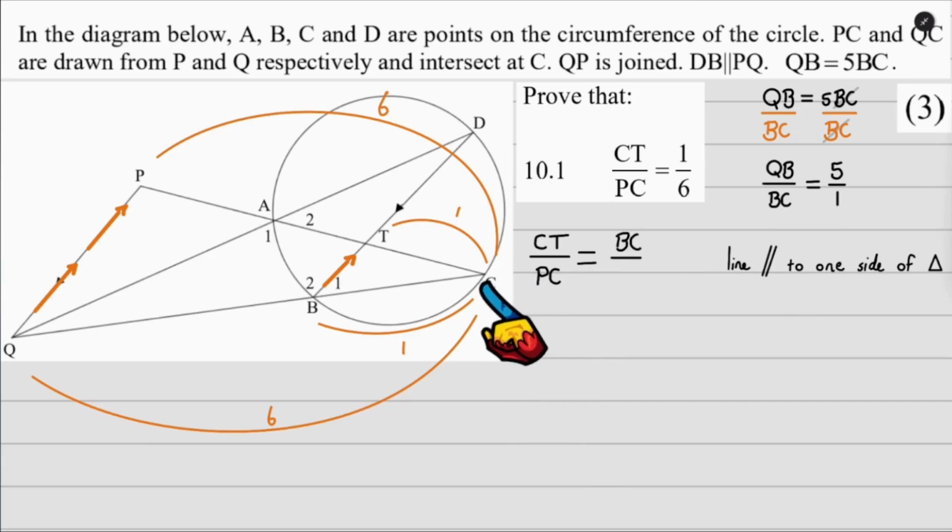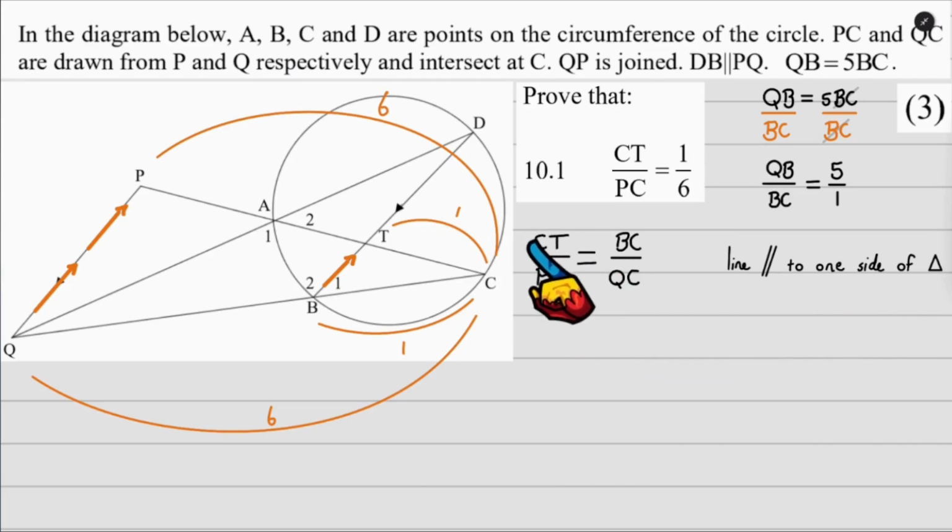And PC is this huge scallop, and that corresponds to the side QC. So I'm going to put QC at the bottom there. And then my reason for that is line parallel to one side of triangle. That's how I take ratios across parallel lines. Bear in mind you can also use the proportional intercept theorem.